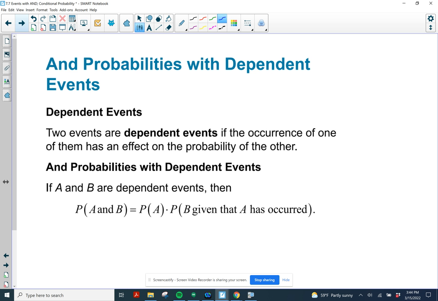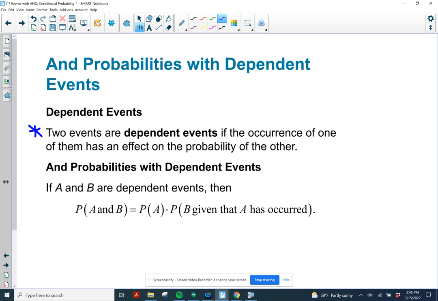We're going to talk about probabilities with dependent events. Two events are dependent if the occurrence of one of them has an effect on the probability of the other. That would be things like if I draw a card out of my standard 52 card deck, and I don't put the card back before I draw another one. The probability of a king on the second draw changes because I haven't put the first card back.